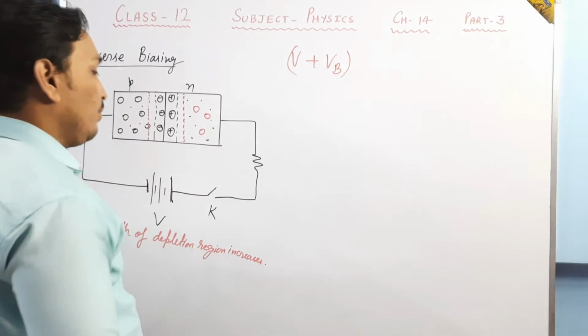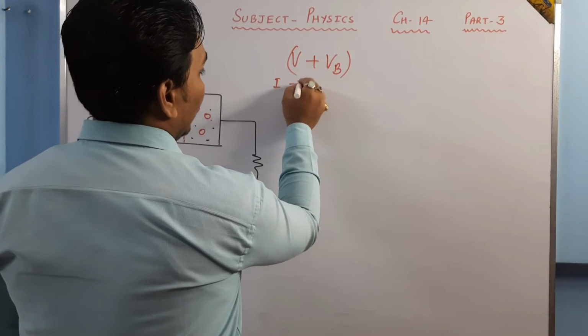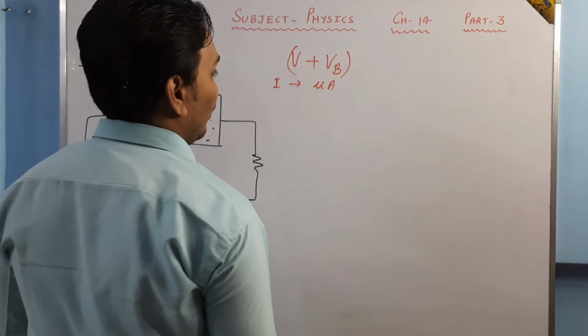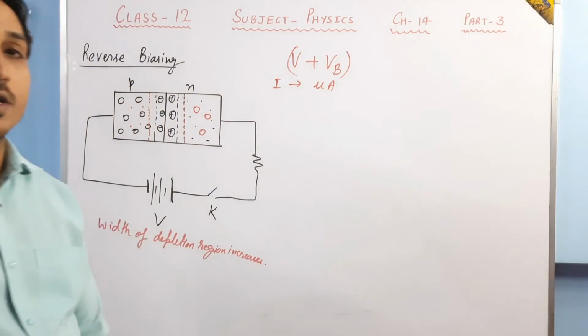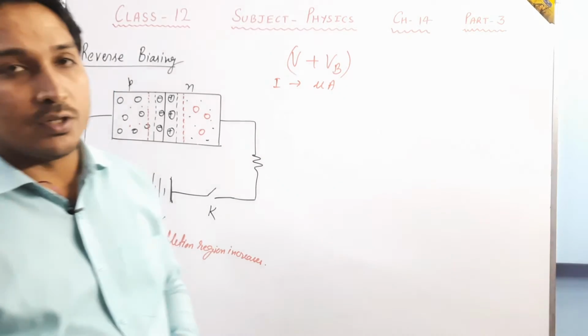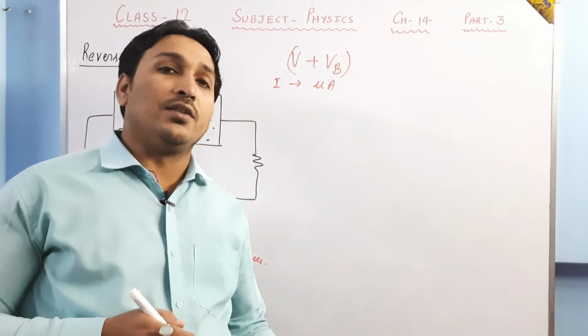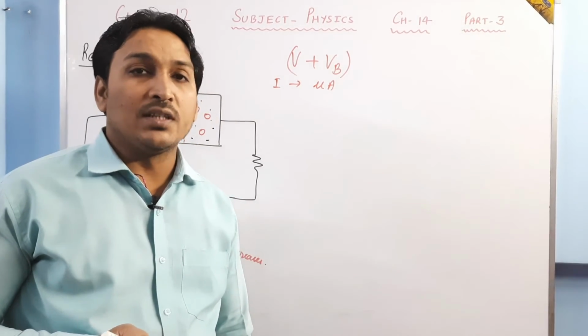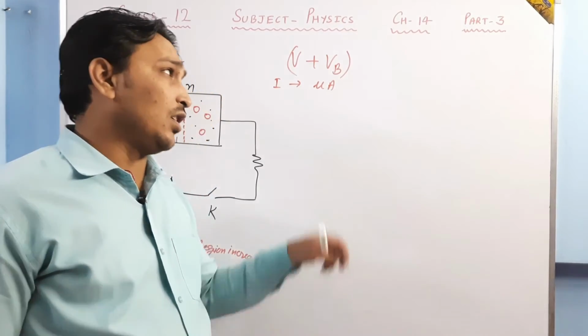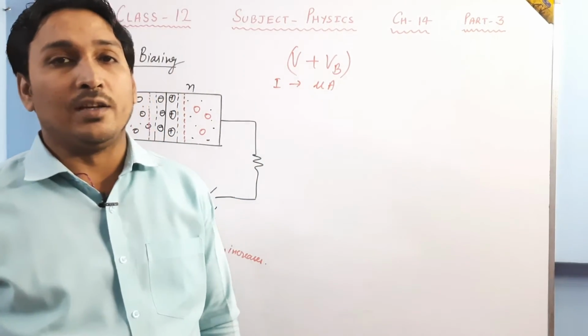The current which is flowing is in the order of microampere, almost negligible. And that's why we said in reverse biasing, the PN junction offers infinite resistance, because the current flowing is very small and negligible.